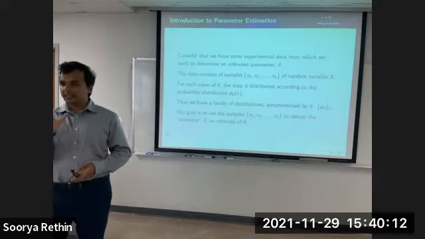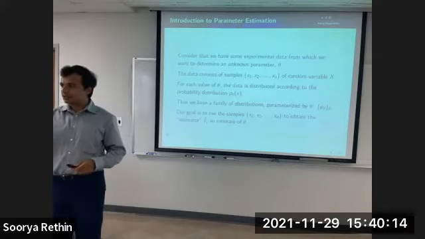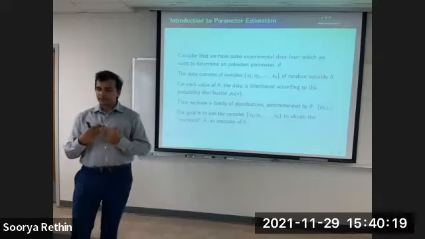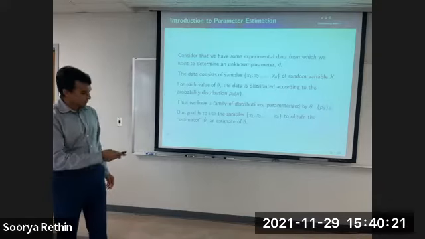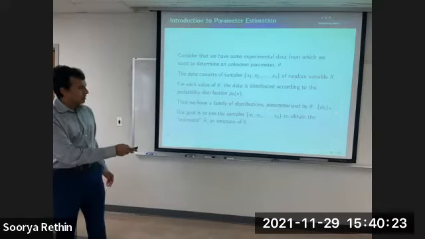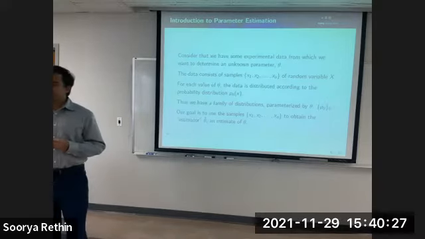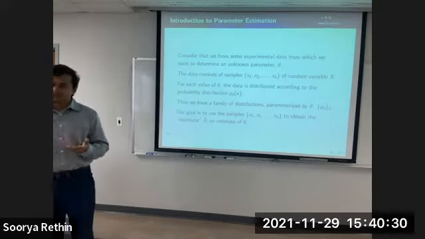So for every theta, there's a different probability distribution. When you're given a certain amount of data, you know that it's governed by one of the distributions in this family, but you don't know which one. That's what you have to figure out in a clever way.